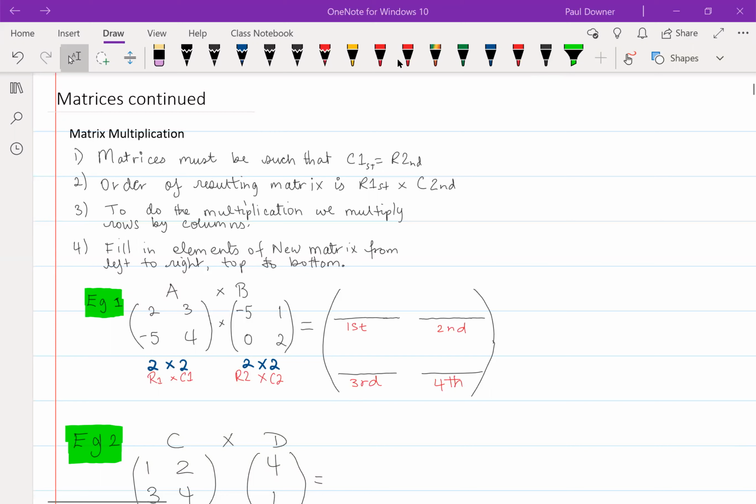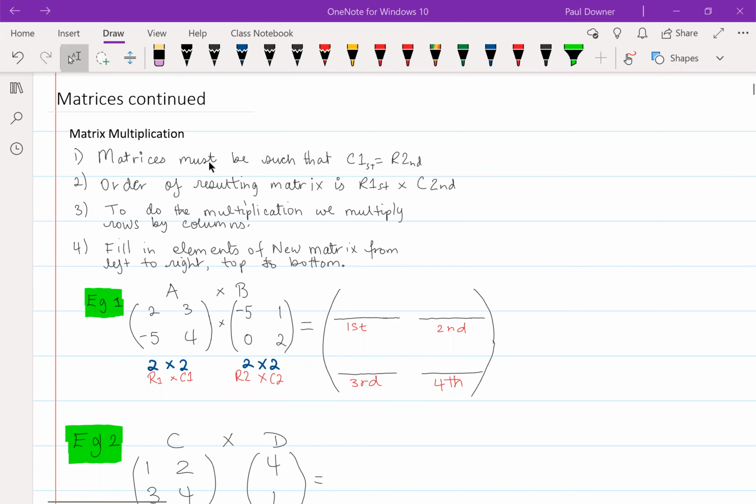The first thing we're going to look at in matrices would be matrix multiplication. And in matrix multiplication, there are a couple things we need to look at. The first thing, which is item 1 here, is that matrices could only be multiplied if certain conditions are met.